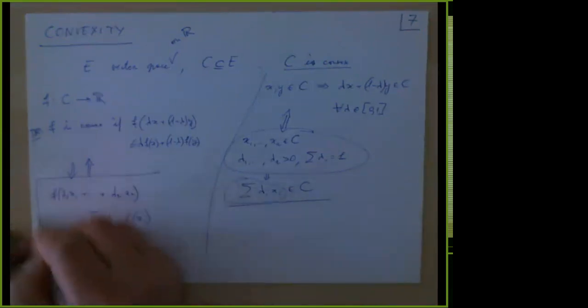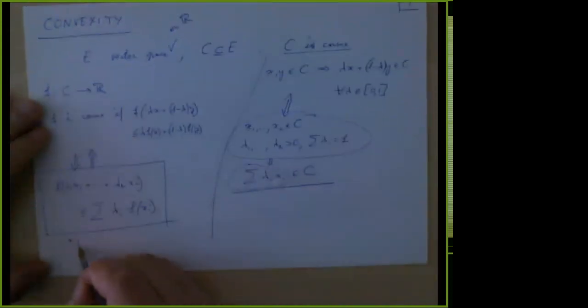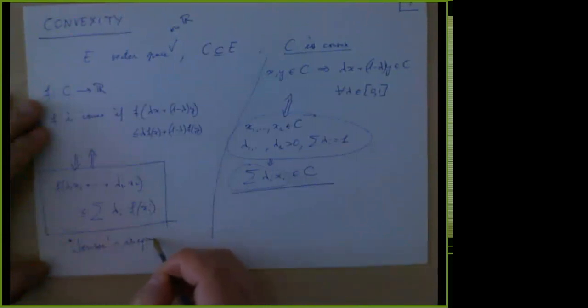And this characterization of convexity is often called Jensen's inequality. At least it is the simplest form of the Jensen inequality.